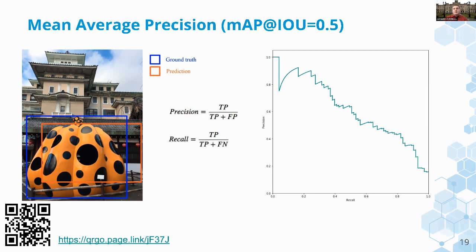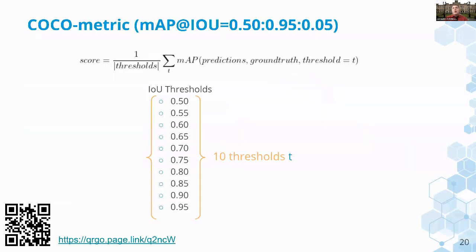So alongside the COCO dataset, a novel metric was released, which I will refer to as the COCO metric for simplicity. It is calculated simply by averaging mean average precision over 10 different IoU thresholds, starting from 0.5 to 0.95, with a step of 0.05.